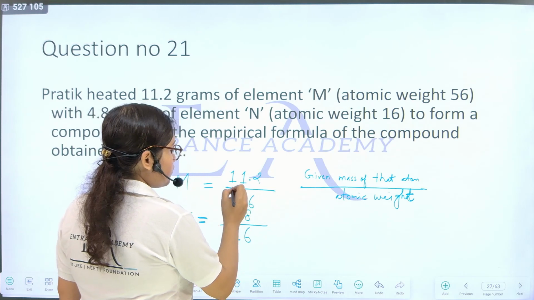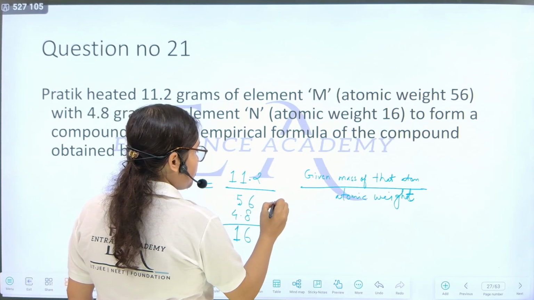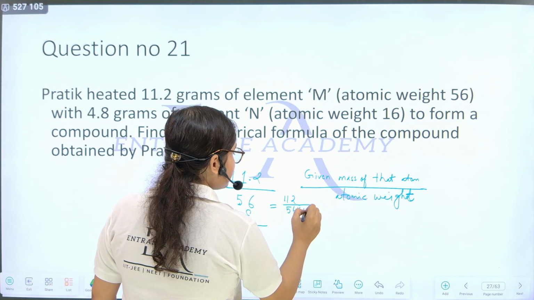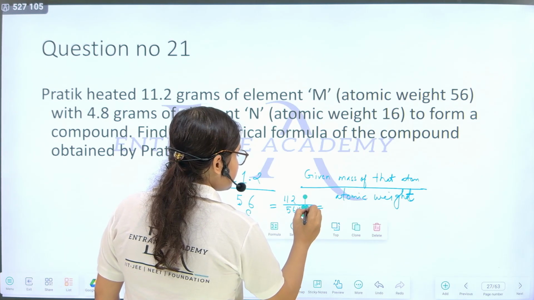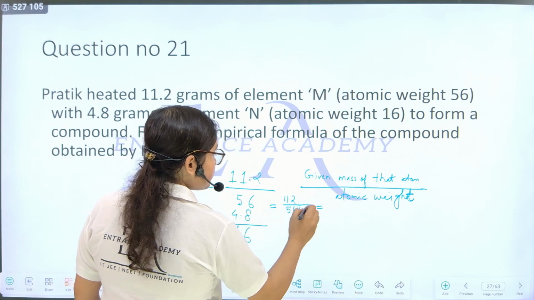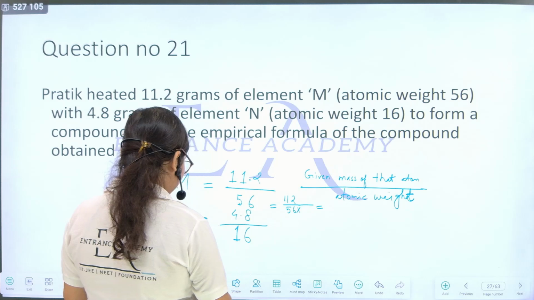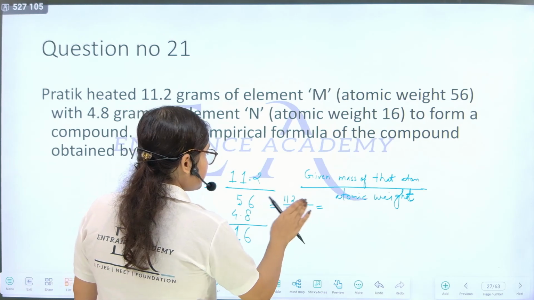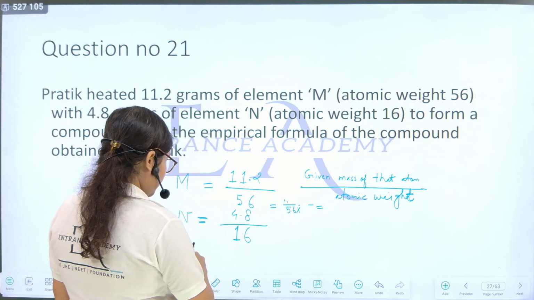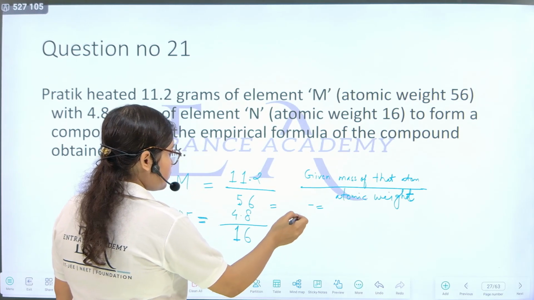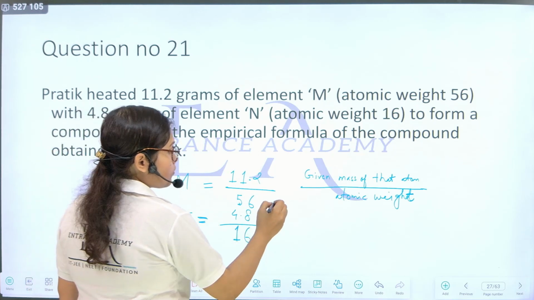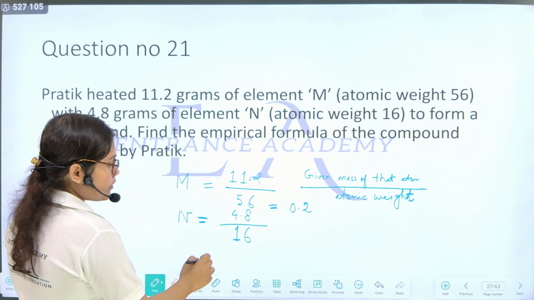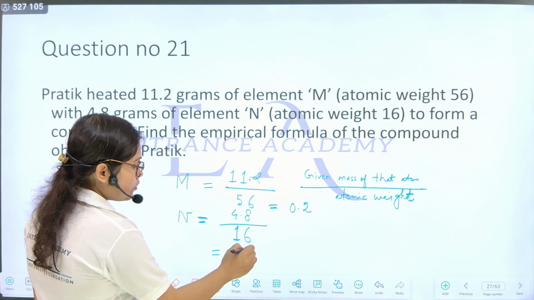The first is, if we calculate this number, this is 0.2, and if we calculate this number, then it would be 0.3.